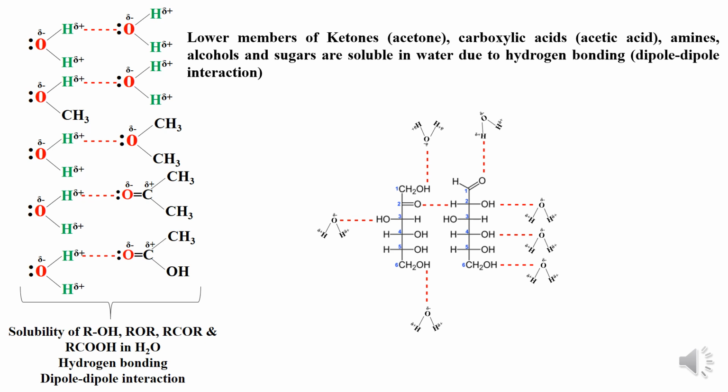They have many hydroxy groups and therefore they are freely soluble in water because of multiple interactions or multiple hydrogen bonding. So sugars with many hydroxy groups are soluble in water due to hydrogen bonding.